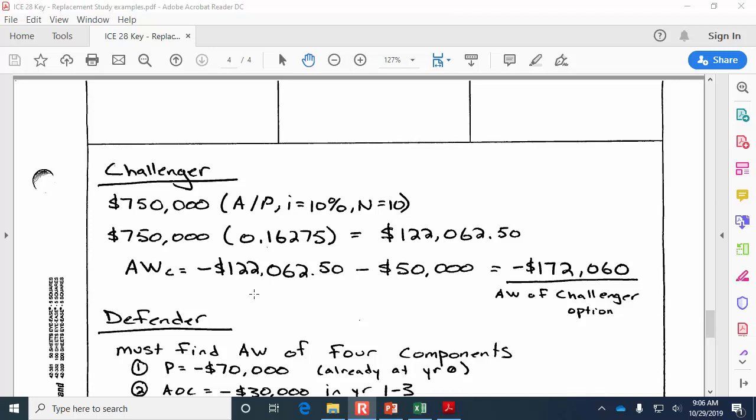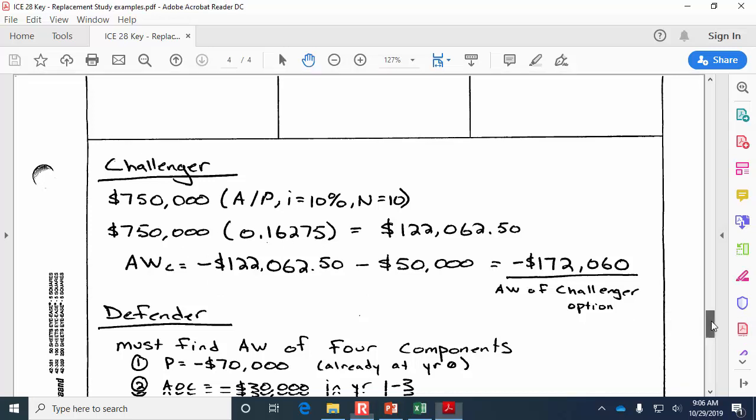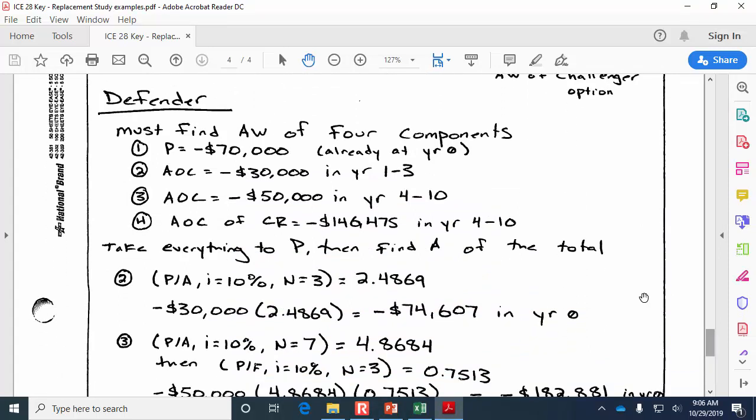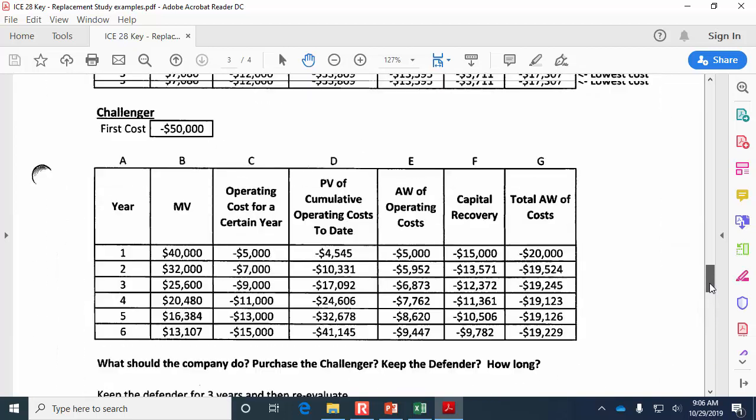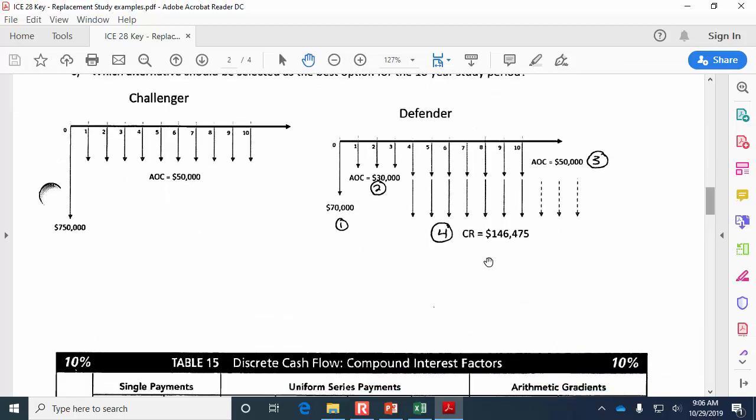So the Challenger is relatively easy to find the annual worth of. It's just the operating costs and then annualizing the first cost, combining it together. The Defender, though, is more complicated, and so the 4 steps that I identified: the present cost, which I leave at the present. My take was I'll move everything to year 0 and then spread it from year 0 out over the annual series.